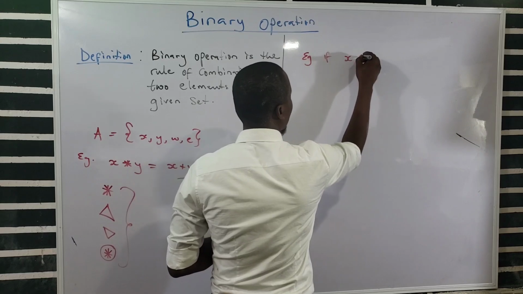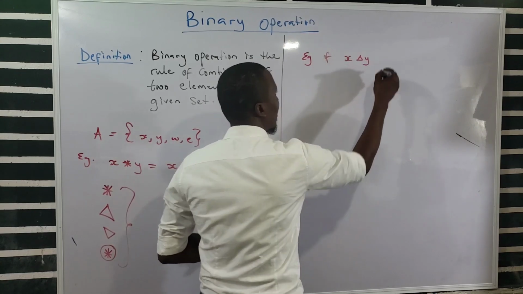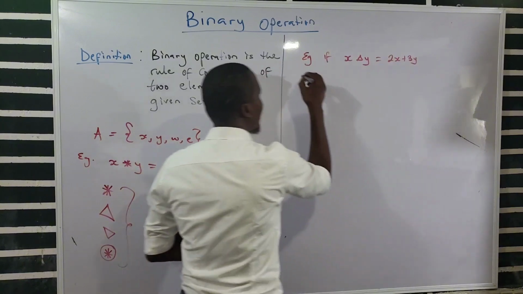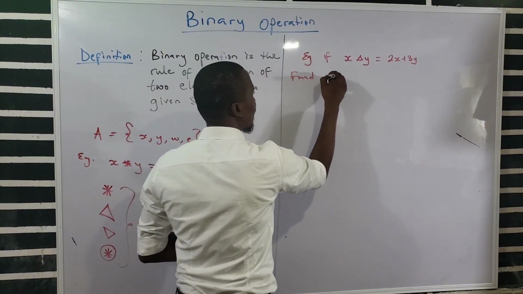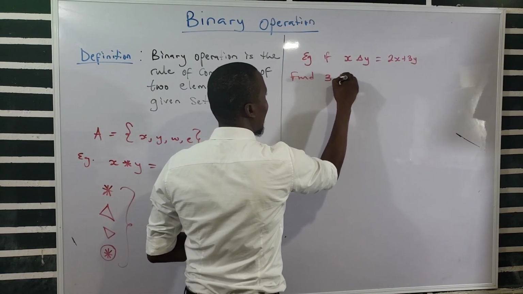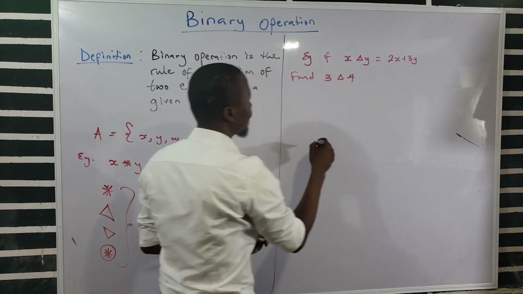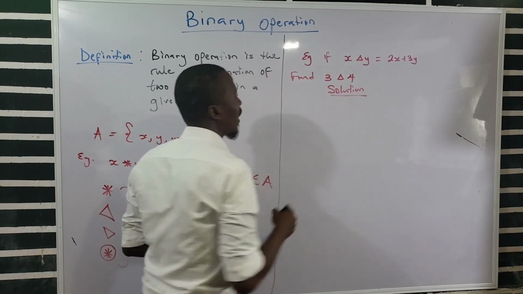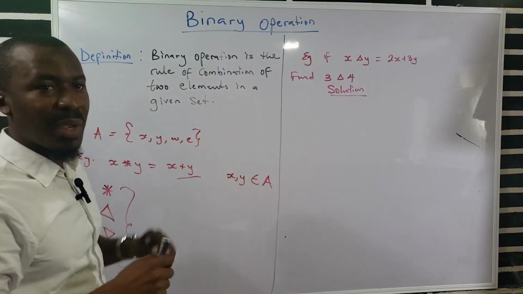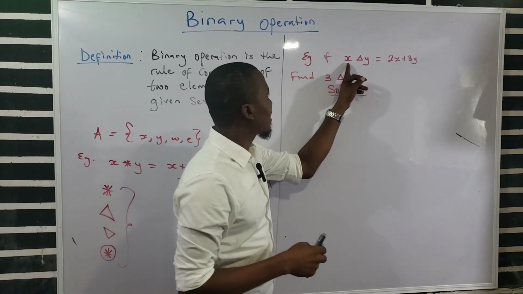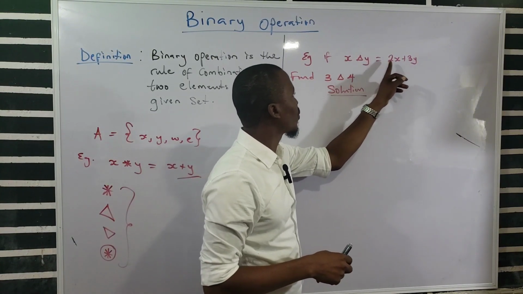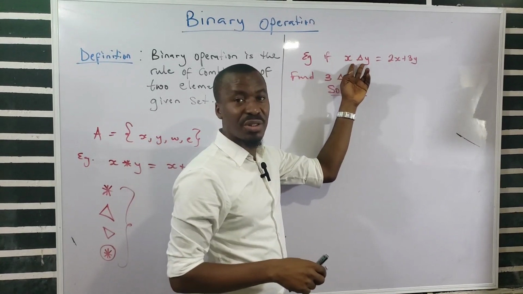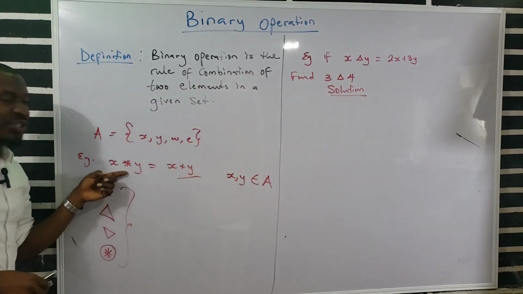If X binary Y equals 2X plus 3Y, find 3 binary 4. Look at the example. X binary Y equals 2X plus 3Y. You can see that the rule of combination here is not the same as the earlier one.